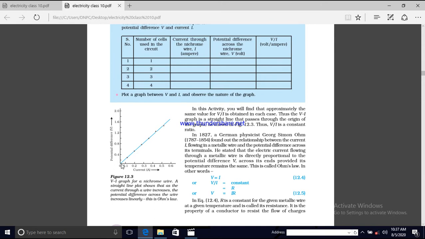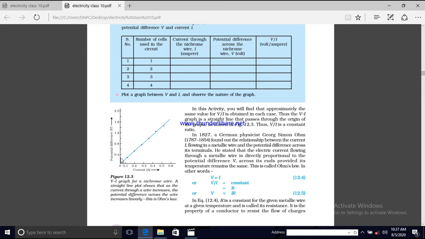As you introduce the first cell, see here, more than 4 values are there. Just to imagine, this is the corresponding value. Suppose you can see 0.3 volt.